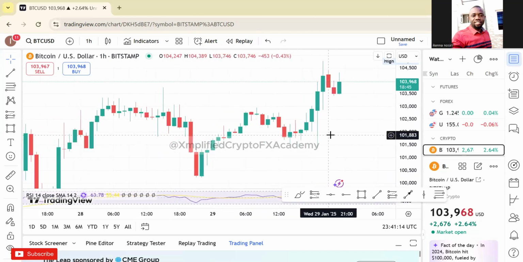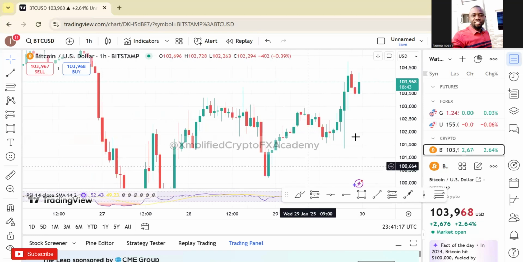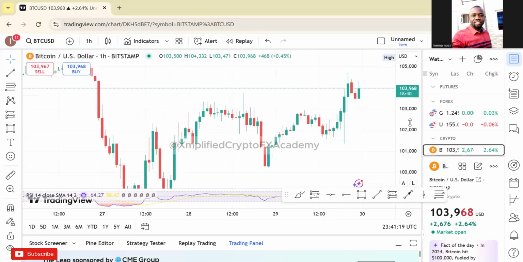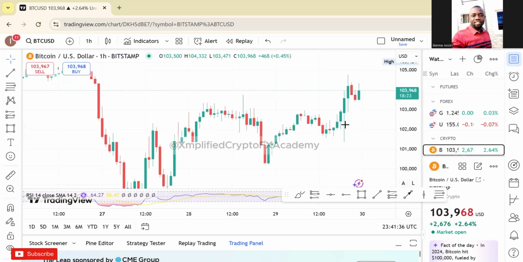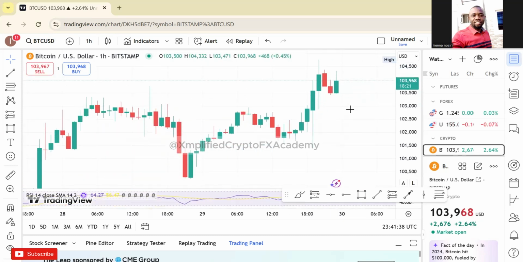Another advantage of this technical analysis is that at least it gives us an idea of what is expected in the future, by interpreting the financial implications of these collections of candles, which are called patterns.